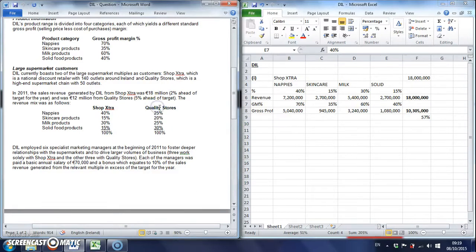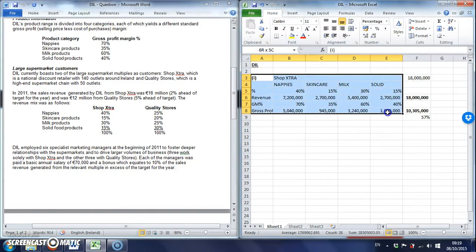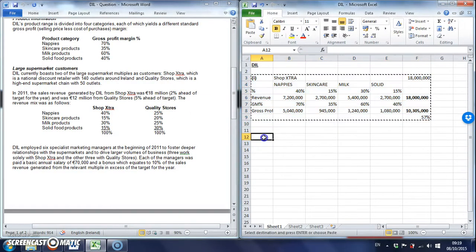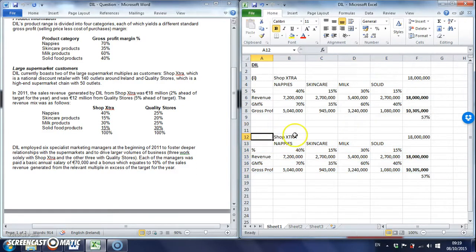However, you'll note for Quality Stores, which we'll just copy down and change the numbers, is a slightly different sales mix. So in this case they have 25% nappies, 20% skincare, 25% milk, and 30% solids. And their total revenue is not 18 million, it is actually 12 million.